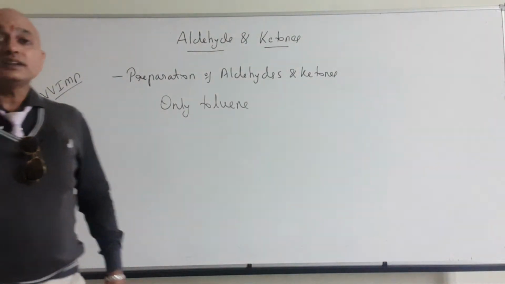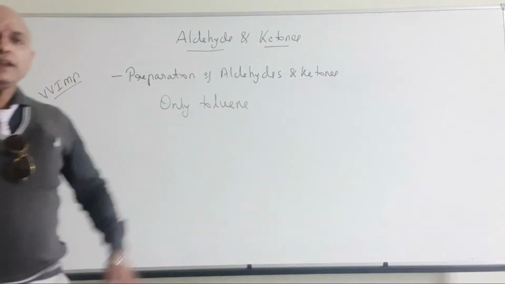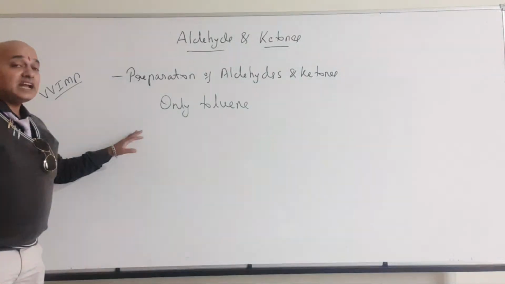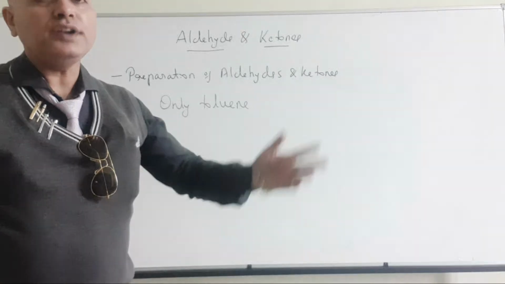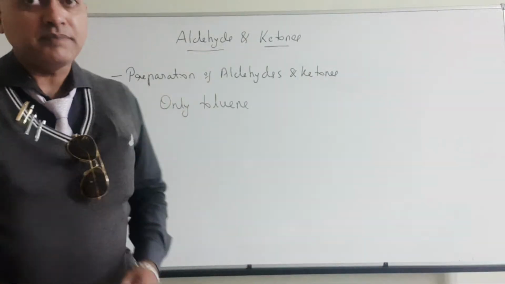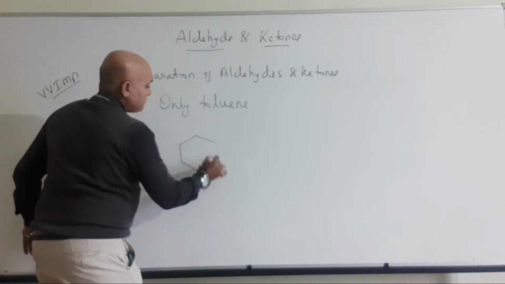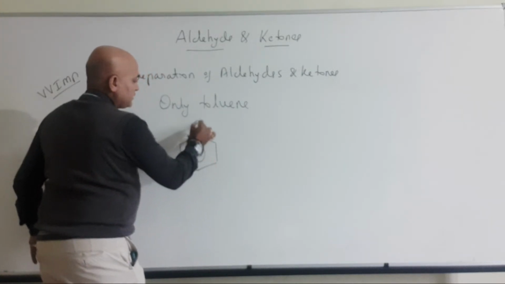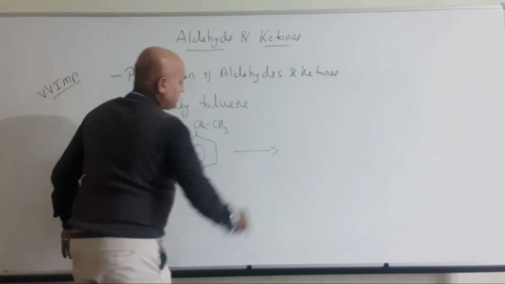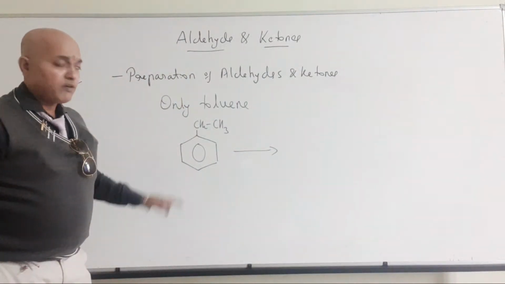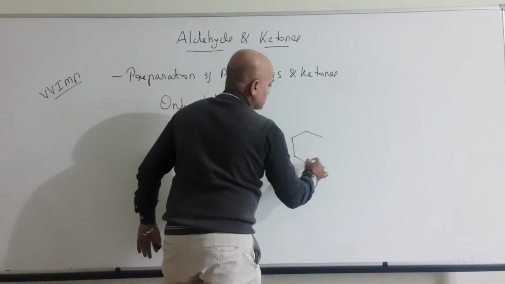That is because if you are using ethyl benzene, propyl benzene or any other molecules, that will lead to the formation of other impure products. Means impurity will be there, side products will be there. Say for example, if I use ethyl benzene, now by the Etard reaction, if you provide the condition, there will be formation of two products.